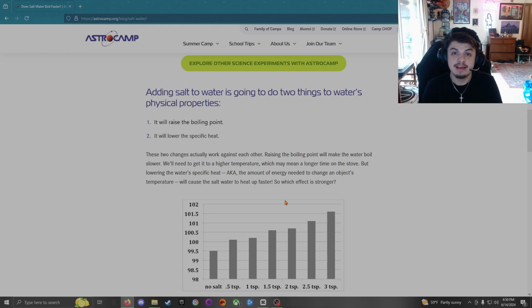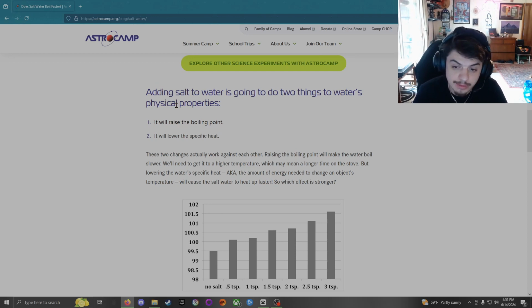But the thing is, if you add too much salt, you're going to need to get all the water and all that salt to its own boiling point to actually be boiling. So my initial hypothesis, that they were both going to boil off at exactly the same time, I don't believe it was necessarily false. I believe that if I only used a pinch of salt, it actually would have boiled quicker.